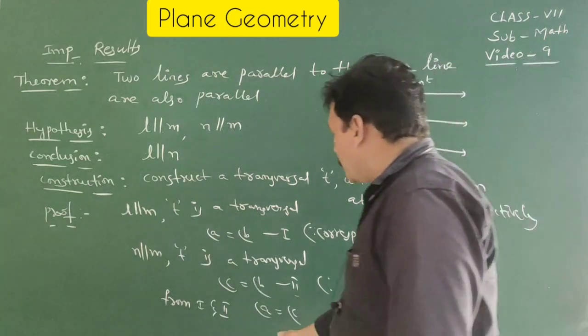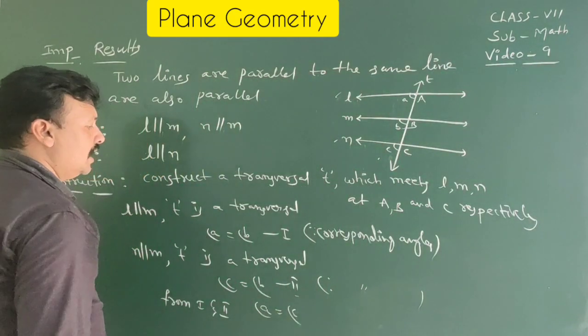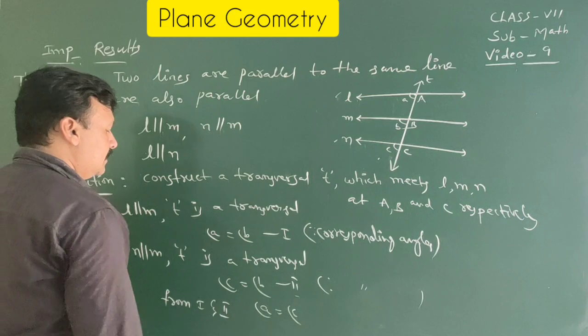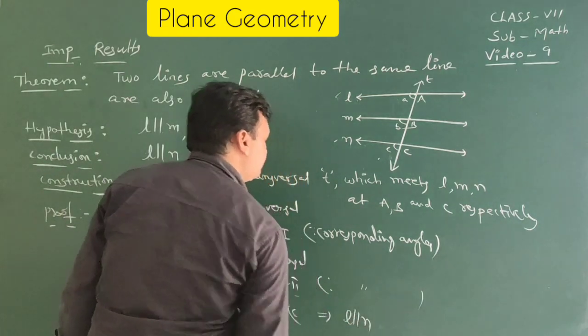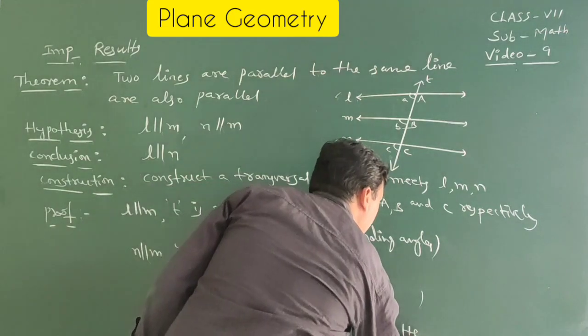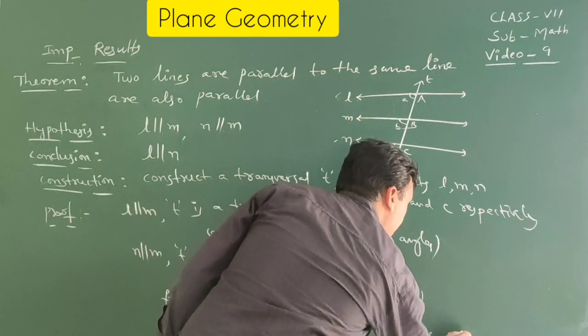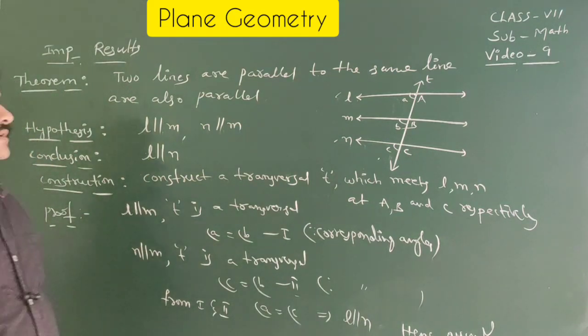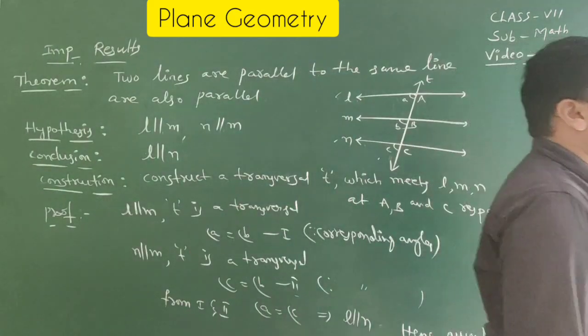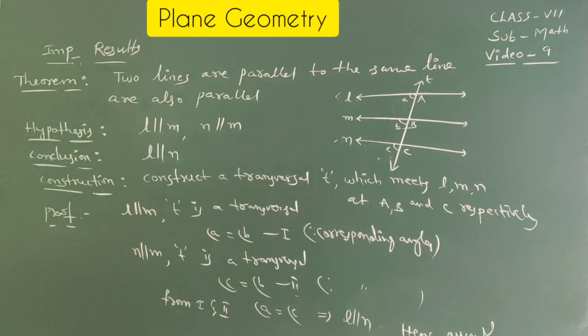Now we got corresponding angles are equal. That implies lines are parallel. Hence, two lines parallel to the same line are also parallel.